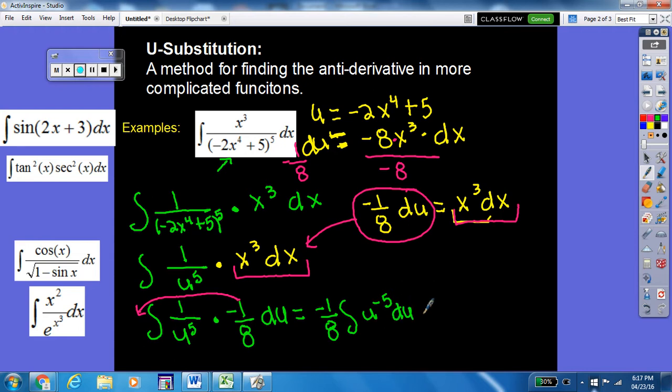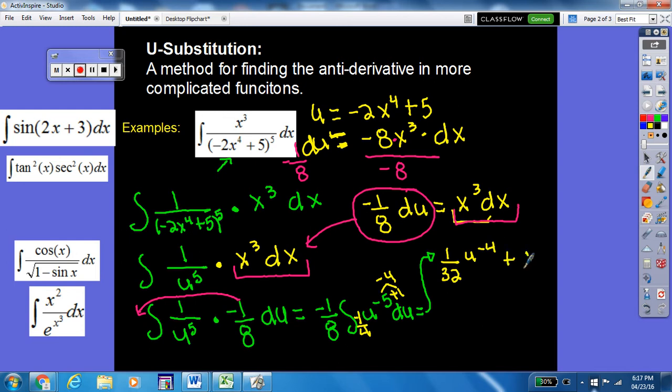Taking the antiderivative, I'll do the little trick: add 1, which gives me negative 4, and multiply u by the reciprocal of that, which is negative 1/4. Keep the same sign, just do the reciprocal. So I still have this negative 1/8, and now I have this negative 1/4. That becomes a positive 1 over 32, but it's going to be u to the negative 4 plus c.